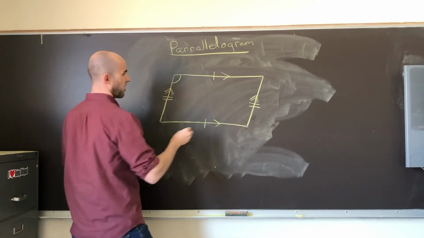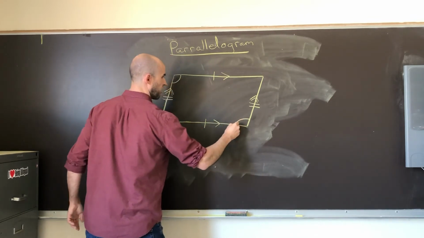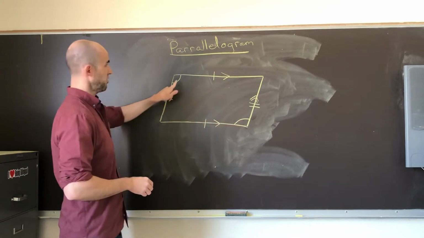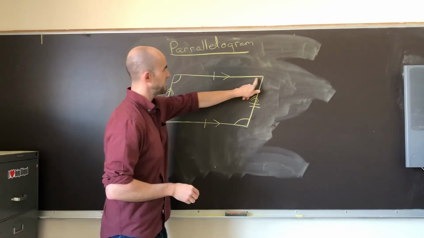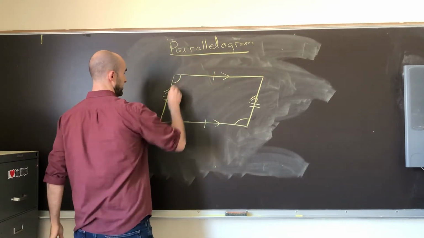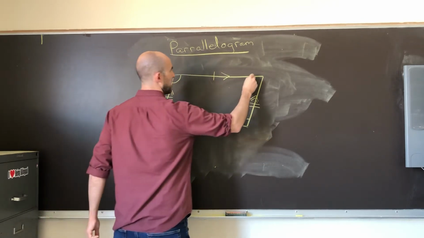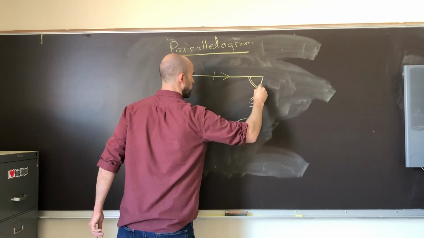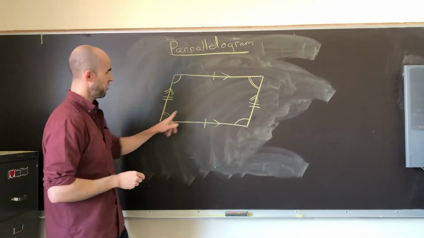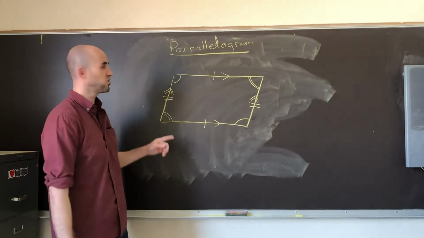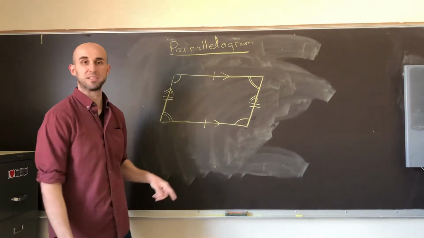If I put one curve here, I'm going to put one curve there to show they're congruent. Then the other opposite angles are congruent too, but instead of 1 I'm going to put 2, to show those 2 angles are congruent. Always, the opposite angles are congruent, just like the opposite sides are congruent.